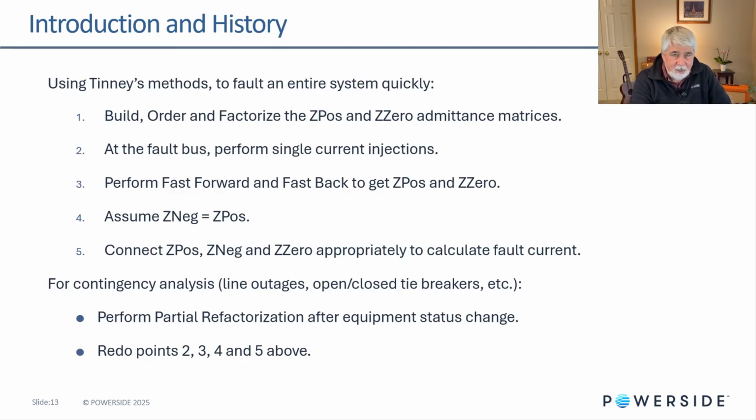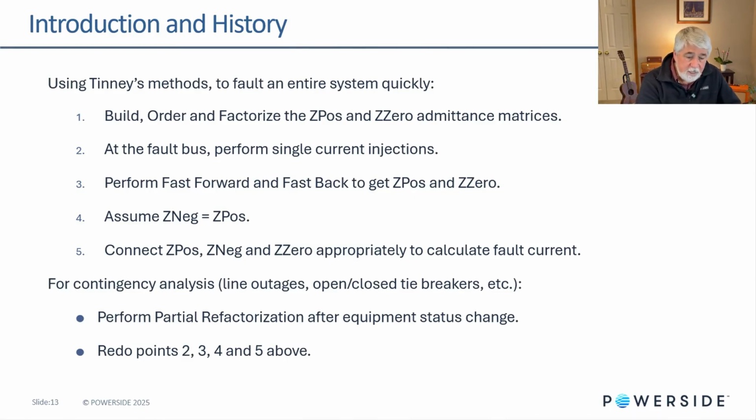So let's have a little bit more detail on this. In Tinney's methods, if you wanted to fault an entire system quickly, you build, order, and factorize your matrix, both positive and zero sequence. And then at the fault bus, all you need to do is perform a current injection. And when you inject the currents and then solve using fast forward and fast back, you'll get the voltage in your result, but since you inject a 1 per unit current, it actually gives you the positive and zero sequence impedance at the point of the fault.